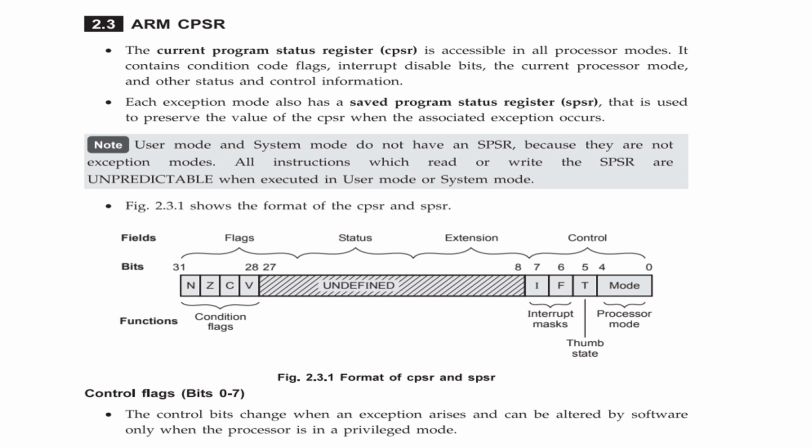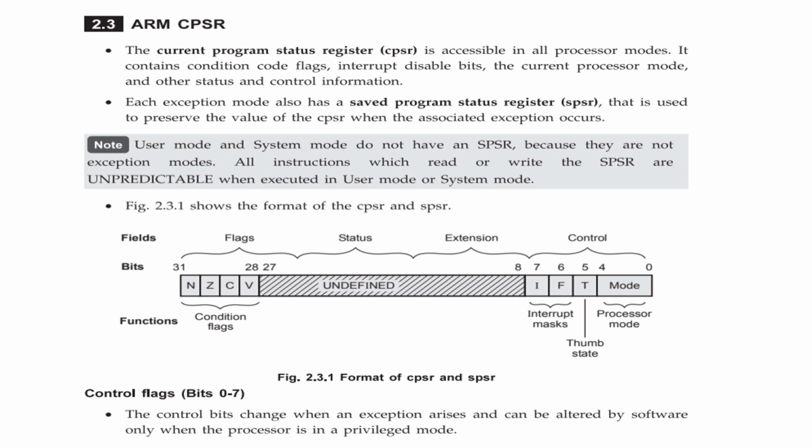User mode and system mode do not have SPSR because they are not exception modes. All instructions which read or write the SPSR are unpredictable when executed in user mode or system mode. Please remember that. It's a small note.